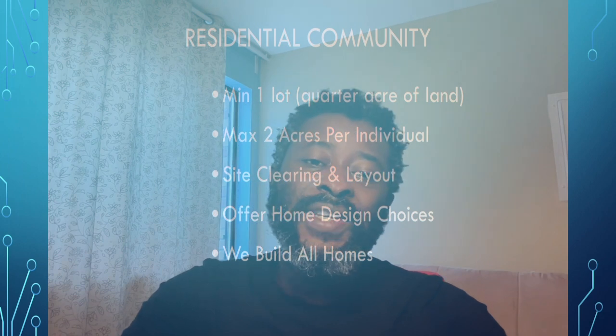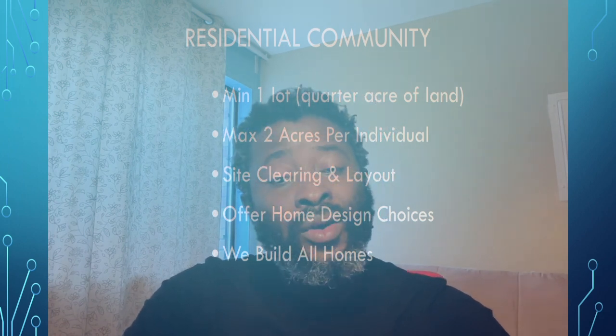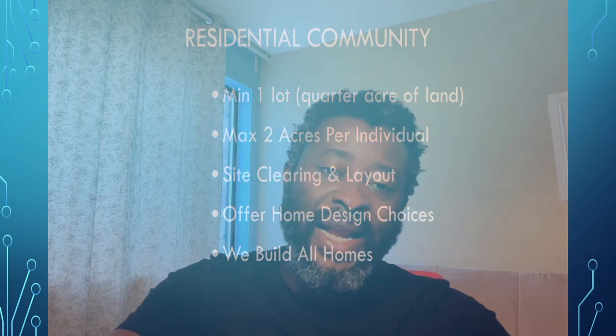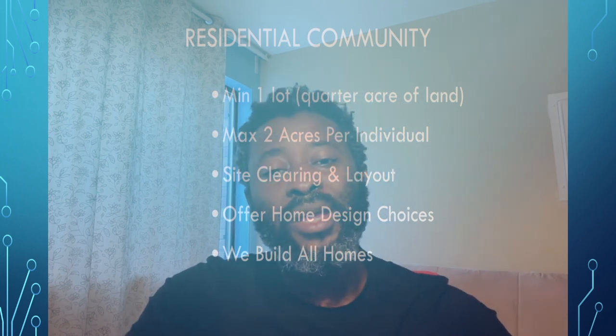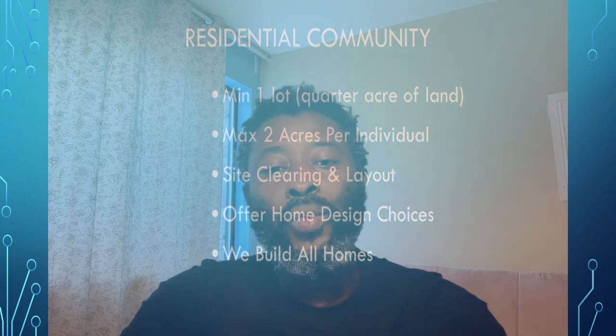We don't want a situation where people begin building when the streets are not even laid out. So as a community, we are going to come together and pay for the clearing of that particular community. Because it's a shared responsibility, the cost is going to be very limited and low.